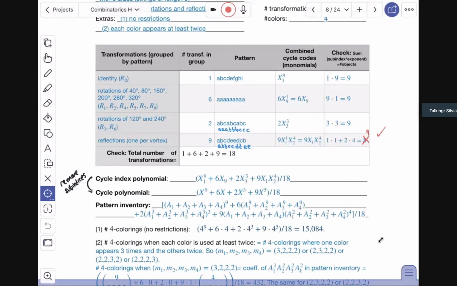You see? So this method solves a bunch of problems at once, instead of actually doing it by hand, which many of you were trying to do because the number of colors that you are given in these problems is very small. So you can actually try and check, and maybe you are double counting some of them, maybe you're missing some of them, but you're trying to count them, which is great.